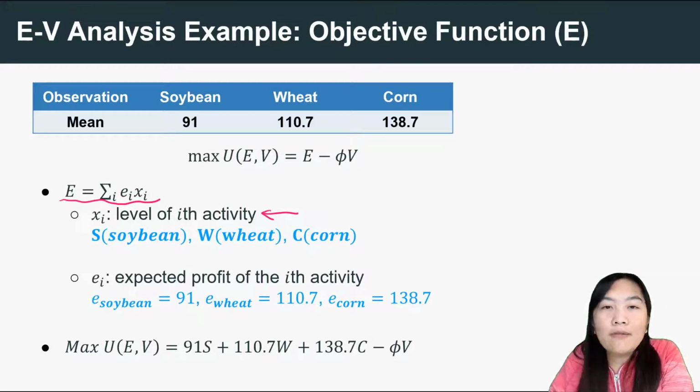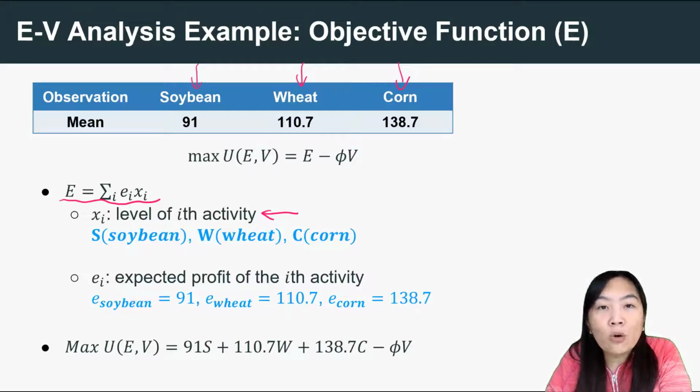This is the level of the i-th activity. So here, in this example, we have 3 activities, and we have to decide how much land to allocate to each of the 3 activities: growing soybean, growing wheat, and growing corn.